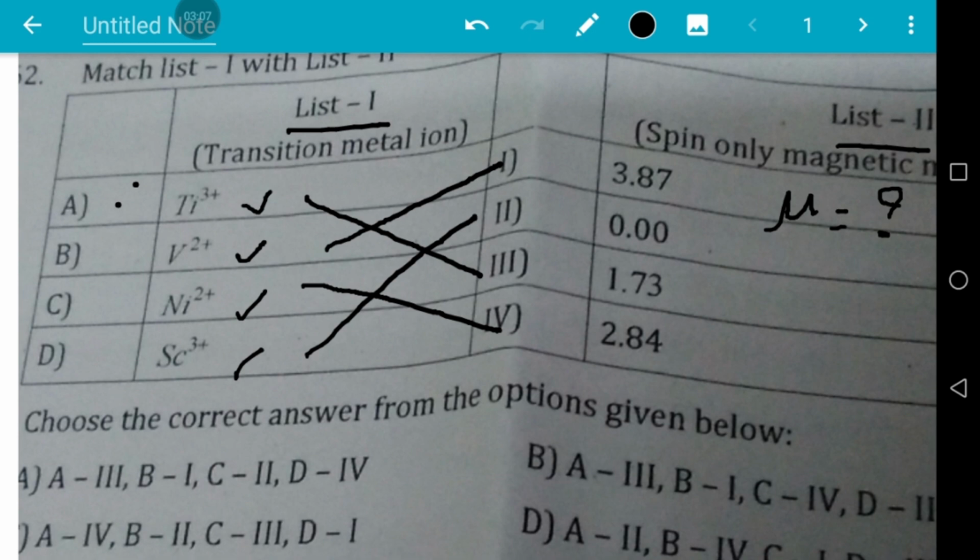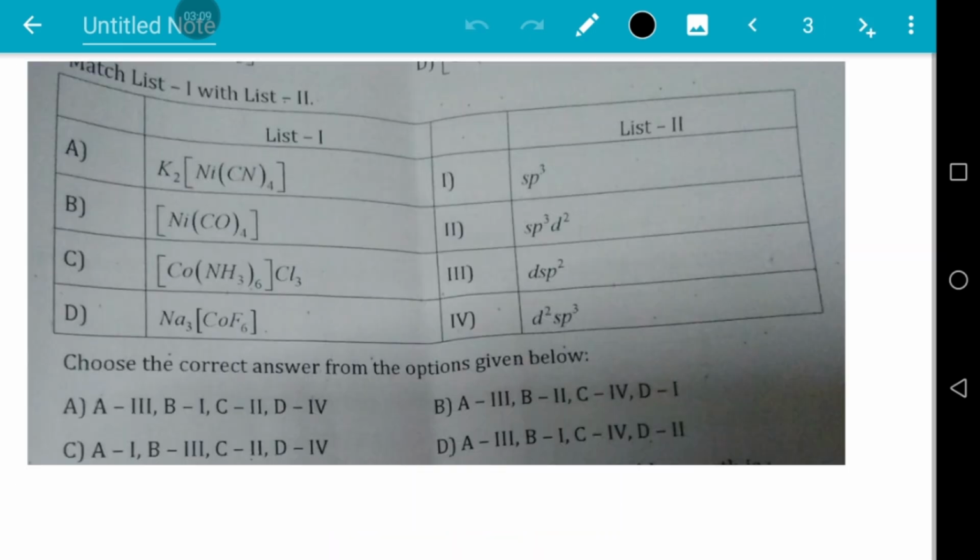Next, coming to the second question. Here they have given two lists. In one of them they have given complex compounds, and here hybridization they are asking.